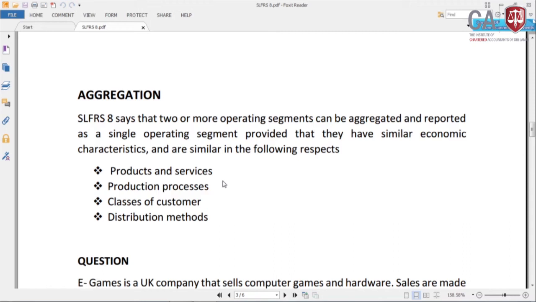Now, we have two distribution methods, physical mode and online mode. Some people prefer physical classes, some people prefer online mode, two distribution channels. If the entire population is 1000 for the subject, financial reporting subject CL2, out of 1000, 600 prefer physical classes and 400 prefer online mode.